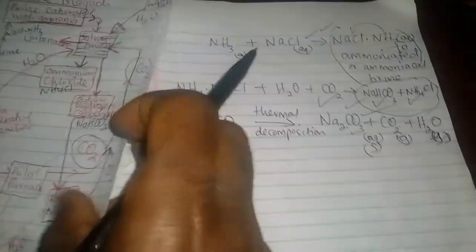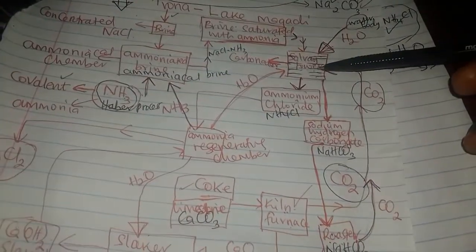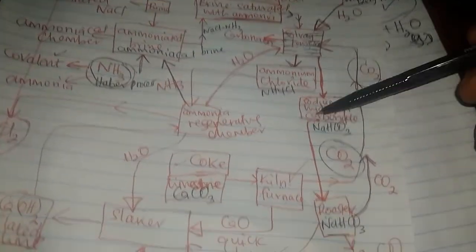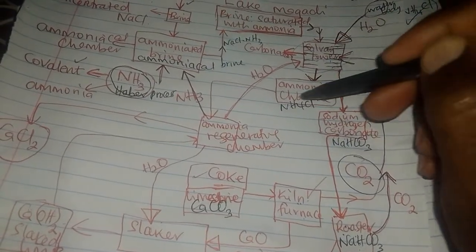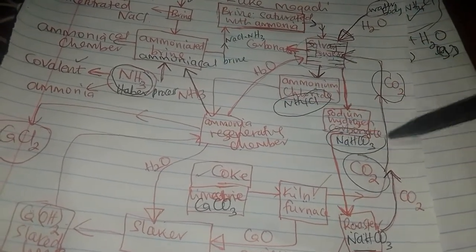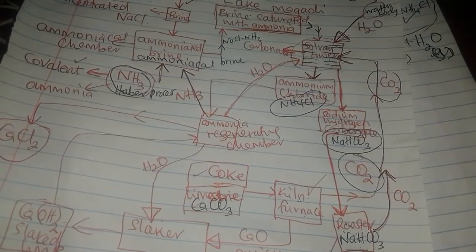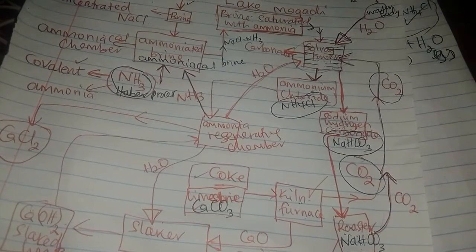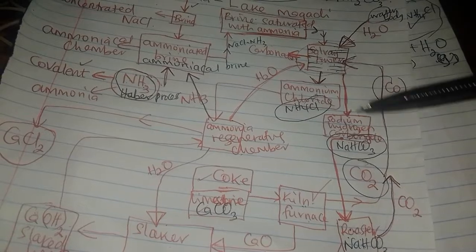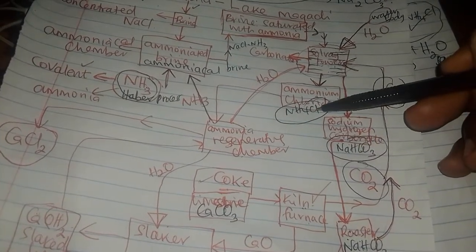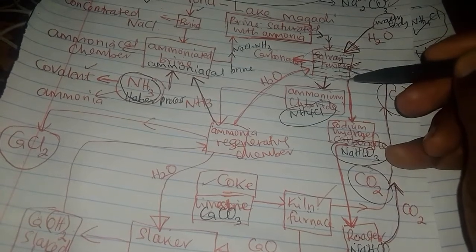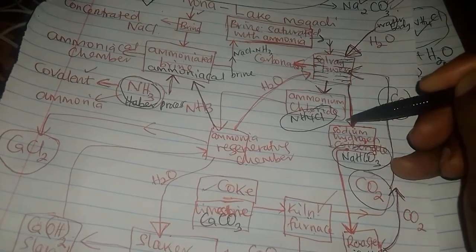Now, before you can allow the sodium hydrogen carbonate to descend to this other end, where we have the roaster, what happens in the Solvay tower after these two have been formed is filtration. One is soluble, the other one is insoluble. Sodium hydrogen carbonate is denser than ammonium chloride, so being denser, it is easier for it to descend to this other end.